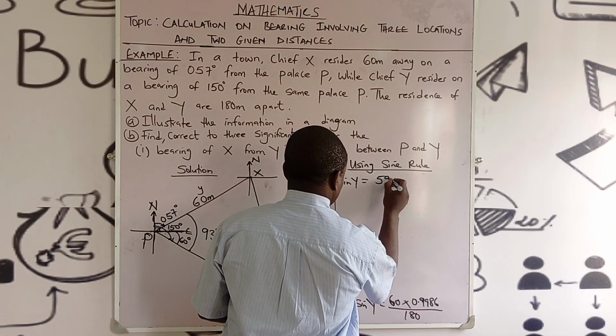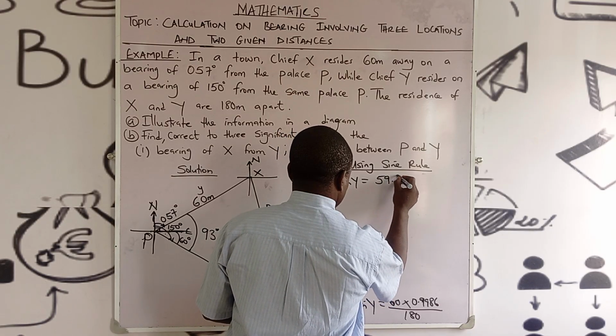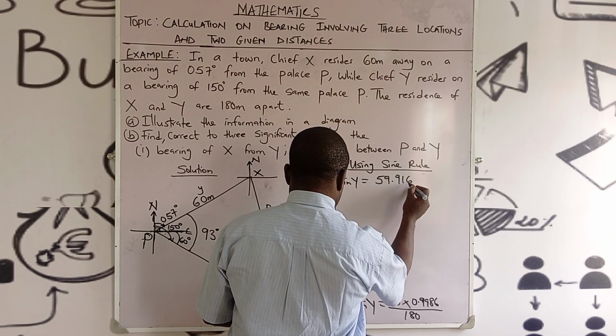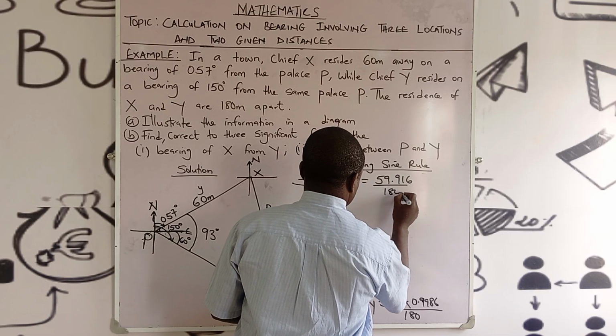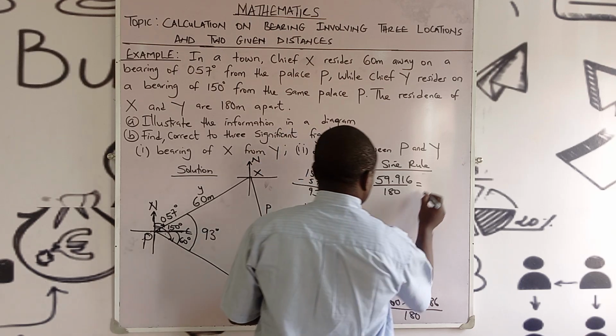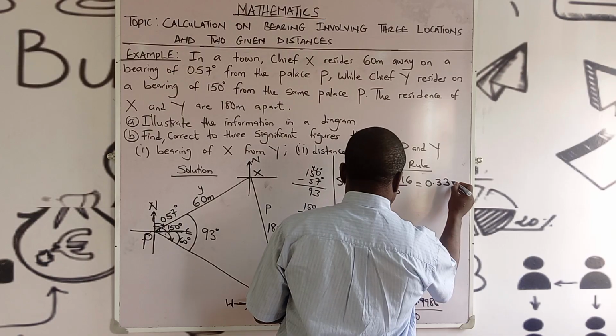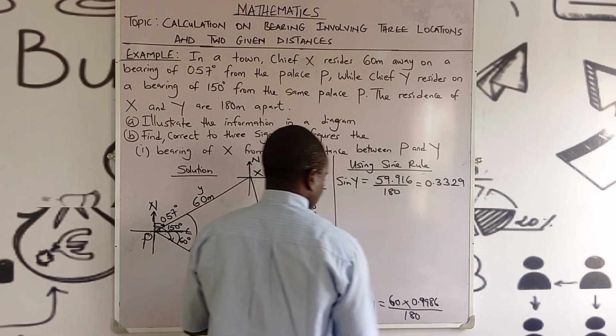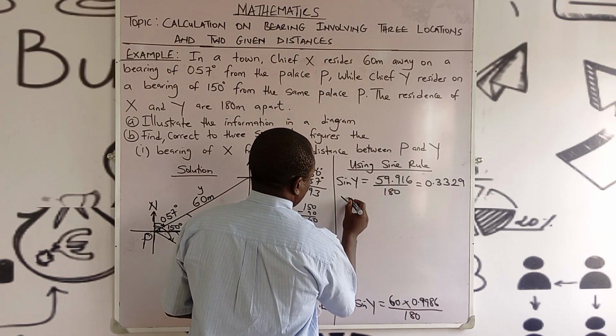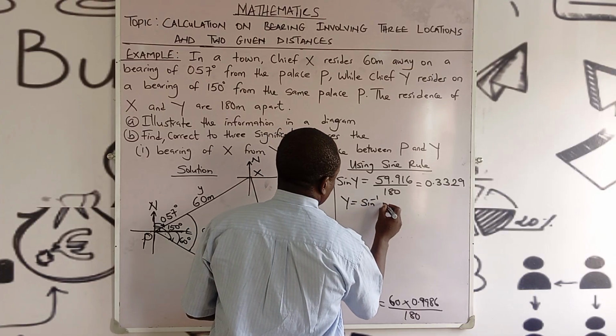That's 59.916 divided by 180. When you divide that, you have 0.3329.